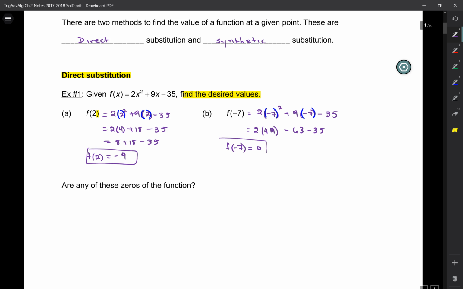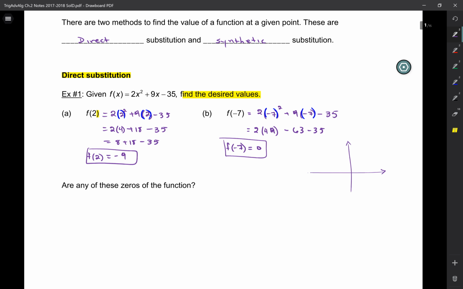Okay, so what do we think? What did we do here? We have this function, 2x squared plus 9x minus 35. You graph this. What is it going to look like, by the way? If it's got an x squared, what would it look like? It's going to be a parabola, exactly. Now, we said that f of 2 is equal to negative 9.